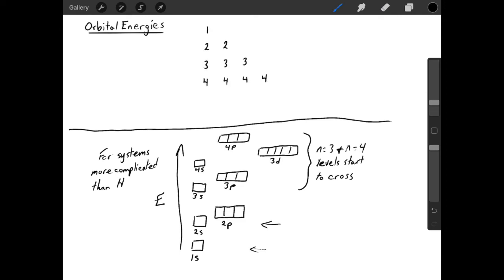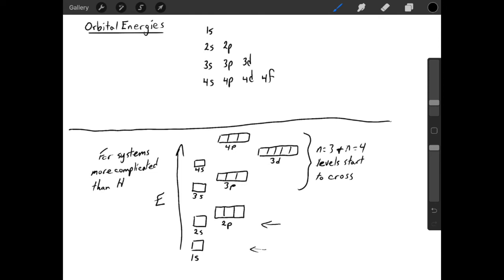So you start by writing in numbers that effectively just represent the principal quantum number, and then you add in the different types of orbitals according to the column. So the first column gets the s's, second column gets the p's, and so on. And if you want, you can expand this diagram to include the n equals 5, 6, whatever principal quantum numbers.